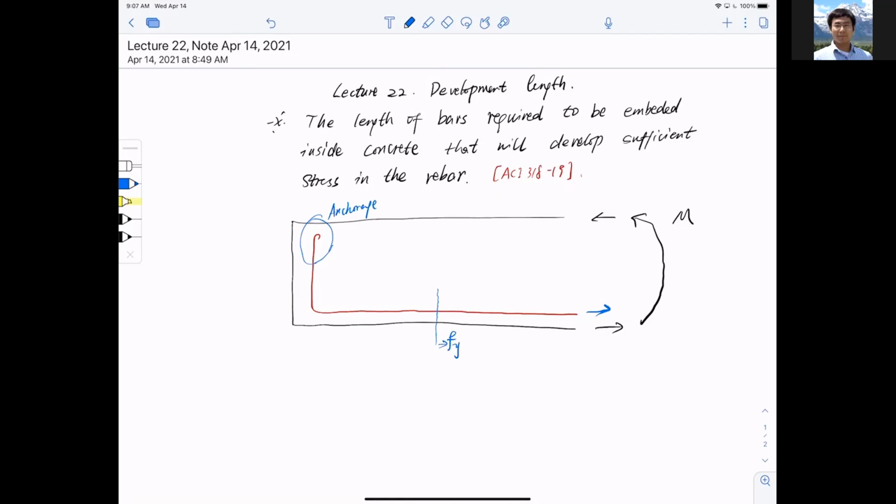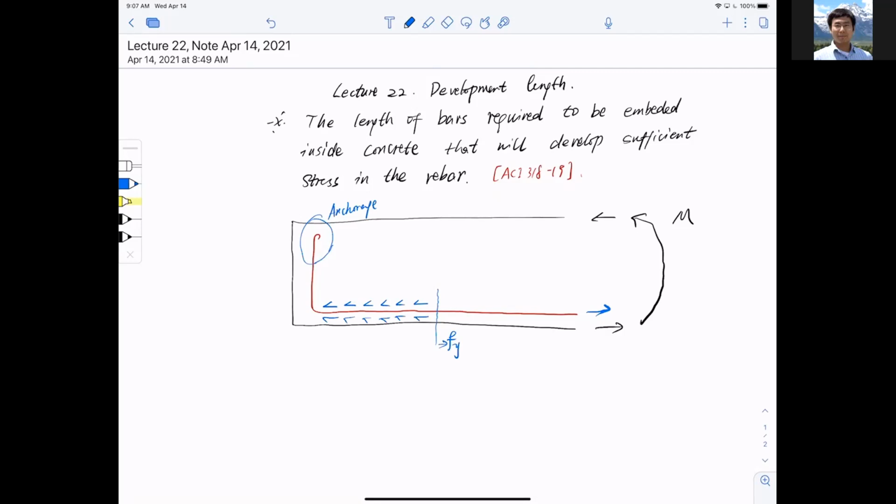Because we need to transfer the stress from concrete to give it to the steel. So think of it, when the bar is being pulled out, all the concrete on the sides are rubbing against it, providing a resistance.